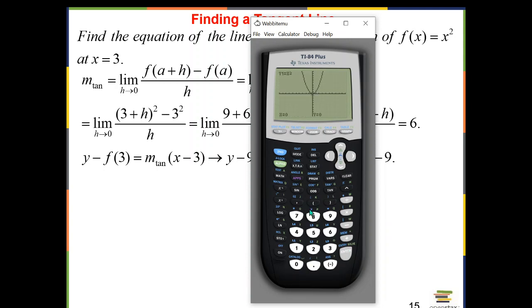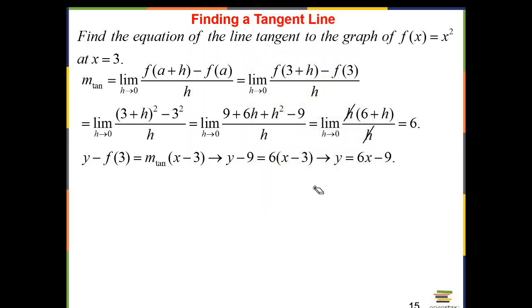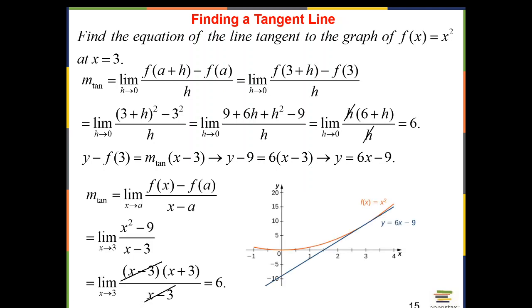Draw a tangent, and at what point do you want to graph a tangent? Just put 3 and enter. And it graphs a tangent line for you at 3 and gives you the equation for it. See that? All right? So we can use technology to do the problem, but I want you to do it by hand at this point.